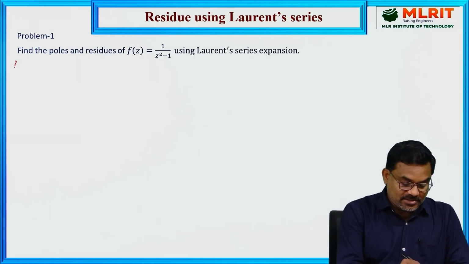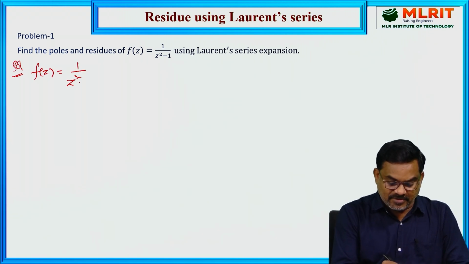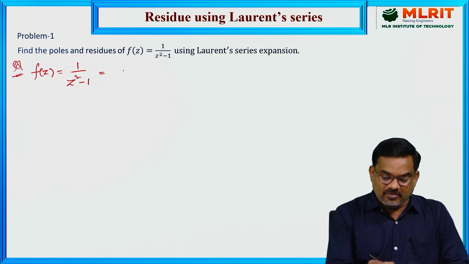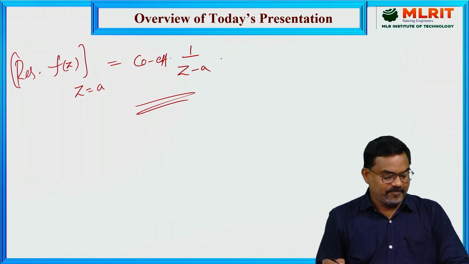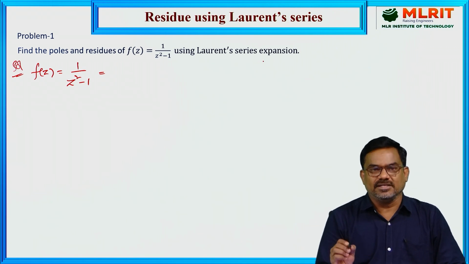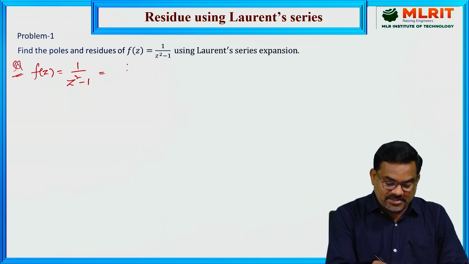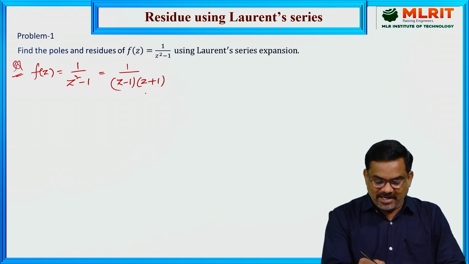Now coming to this problem, f of z is 1 by z square minus 1. We need to find the poles and residues of this function using Laurent series expansion. First we can write this as 1 by z minus 1 into 1 by z plus 1, since a plus b into a minus b is a square minus b square.